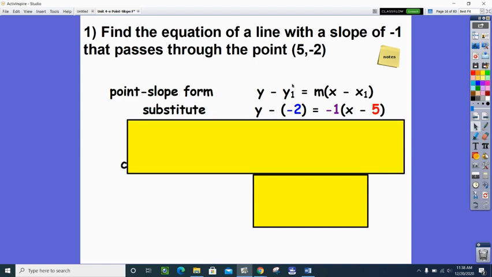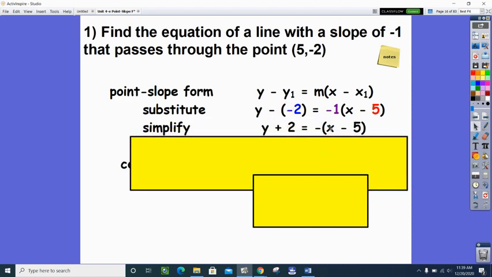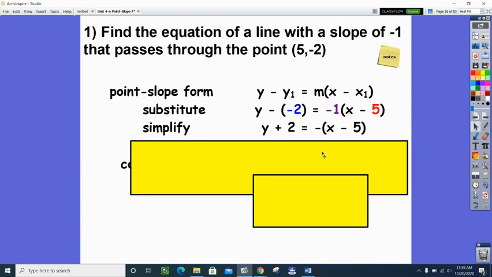So the x coordinate is going to go in after the minus, following the x. The y coordinate is going to go after the minus, following the y, and the slope takes the m spot. Kind of a mess over here. Remember, that's a +2, and we're going to do some distributive property. So we're going to distribute the -1 to both pieces.